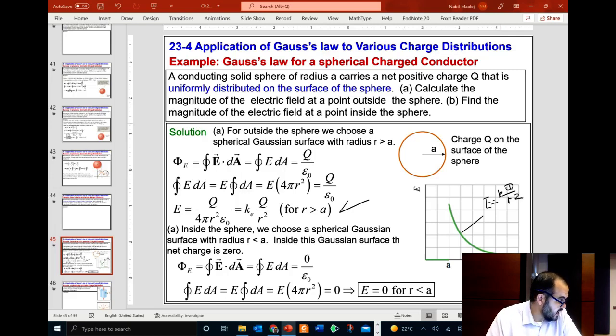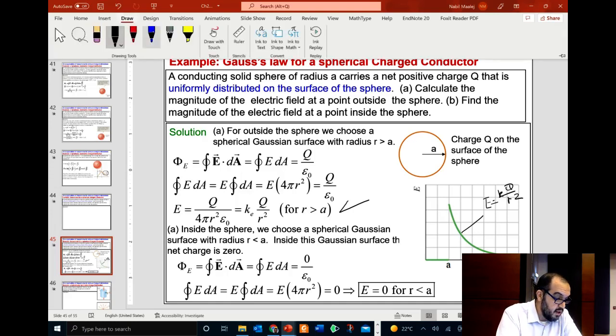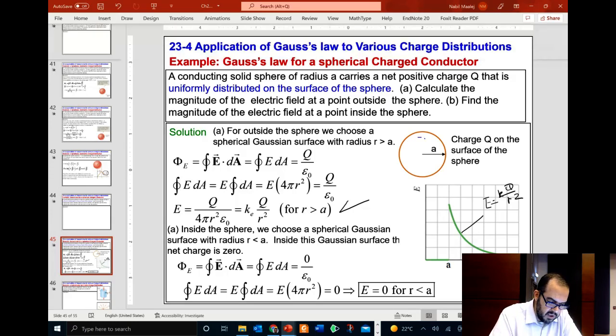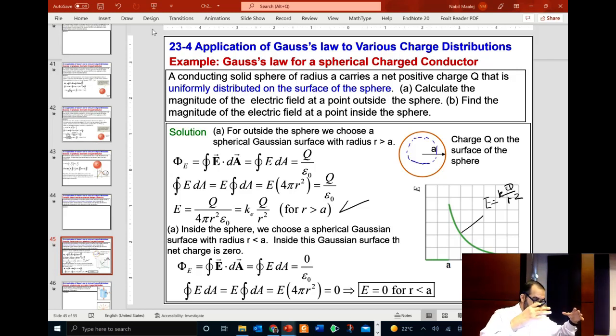However, when we define the Gaussian surface inside the sphere, we determined that the charge enclosed is 0, because all the net charge, or the extra charge, always goes to the surface of the conductor. Hence, the flux is 0 and the electric field is 0 inside.